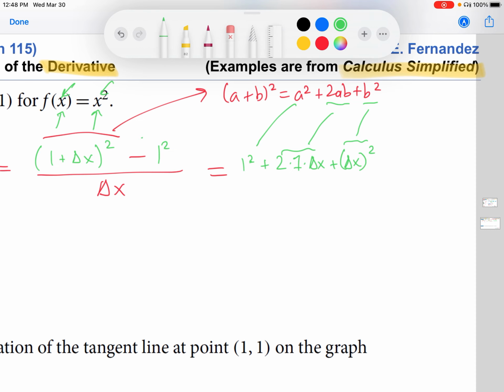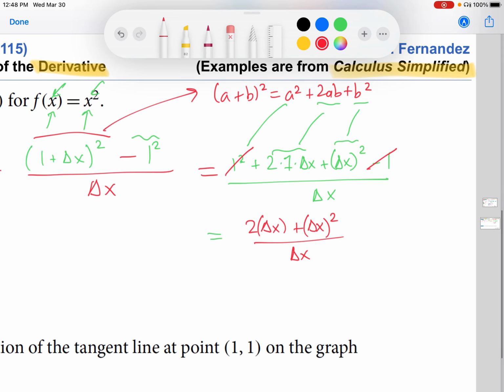Okay, and then I'll bring over this minus 1, all divided by delta x. And now certain things cancel. 1 minus 1 cancels. And then I'm left with 2 delta x plus delta x squared in the numerator, divided by delta x. And at this point, I can factor a delta x from the numerator. So I'm left with delta x times 2 plus delta x, divided by delta x.